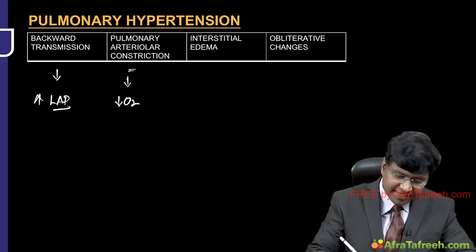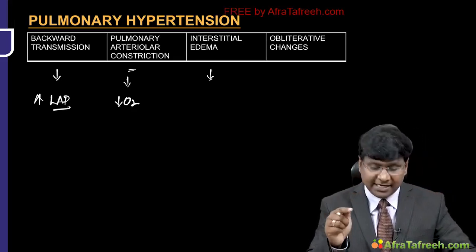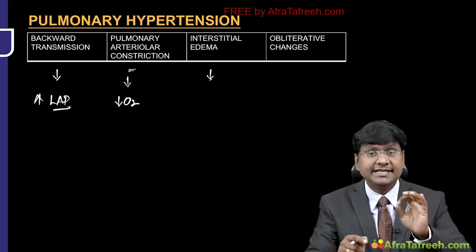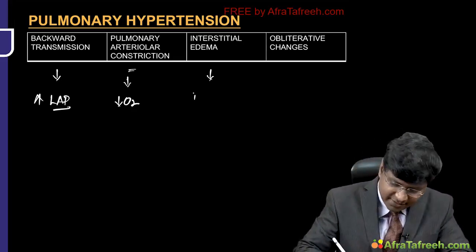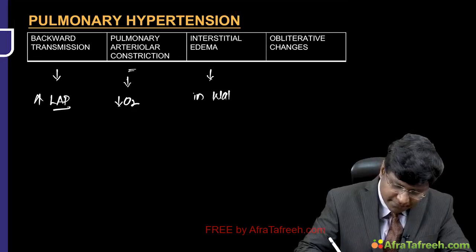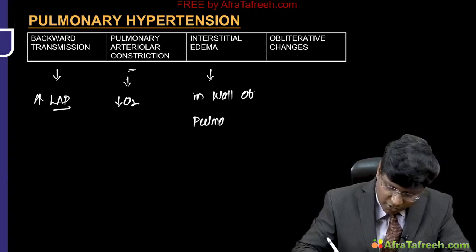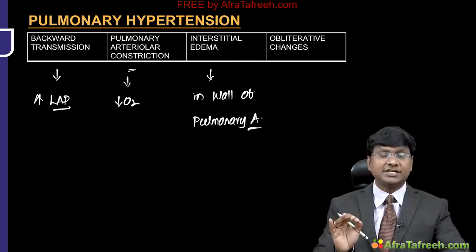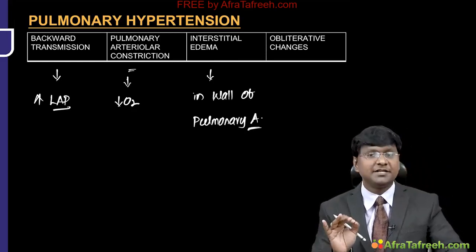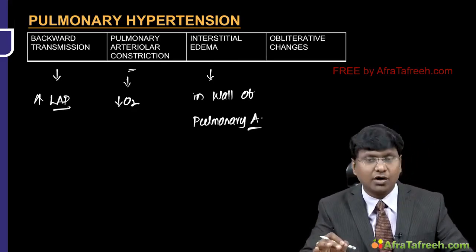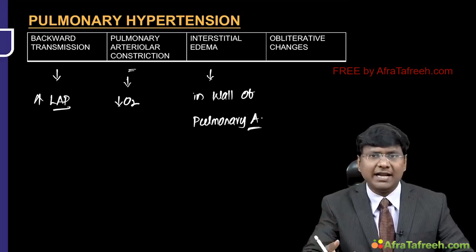Right. Now, another mechanism for the development of pulmonary hypertension in mitral stenosis is interstitial edema in the wall of the pulmonary artery. Because of the development of interstitial edema in the wall of the pulmonary artery, what happens?